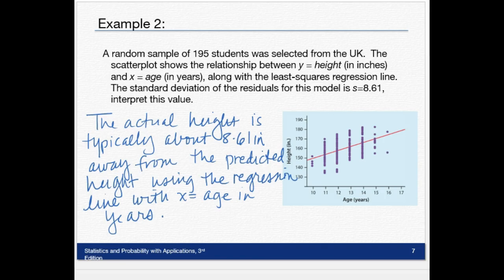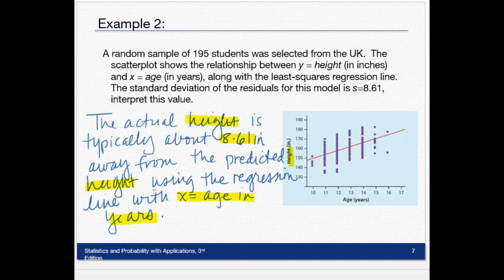So hopefully you can see that there's a framework here, and there are parts of this framework that are specific to the problem. For instance, the actual height is the response variable, right? Typically about 8.61, that's the S value, away from the predicted height, using the regression line where x is equal to the age in years.